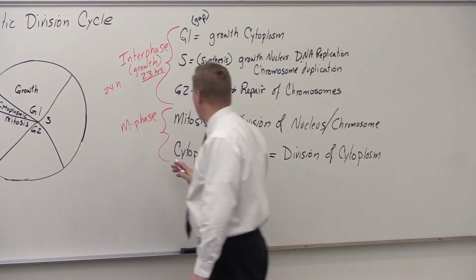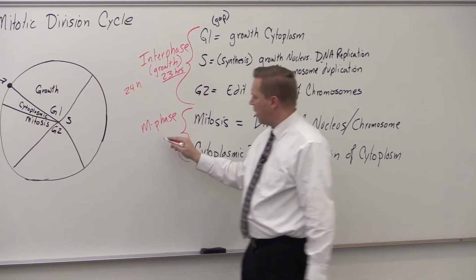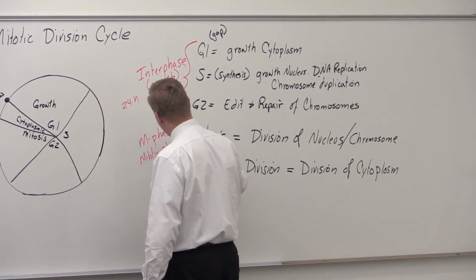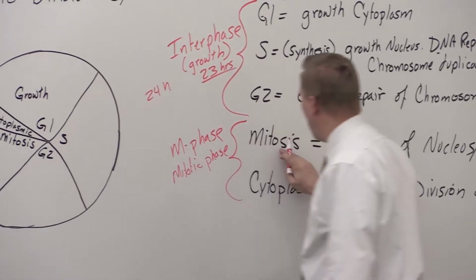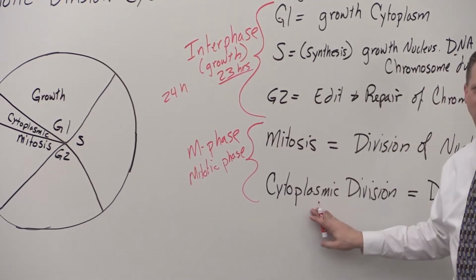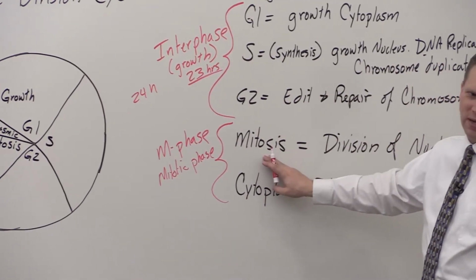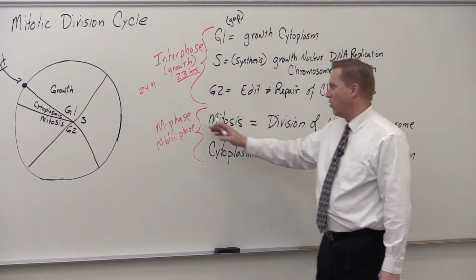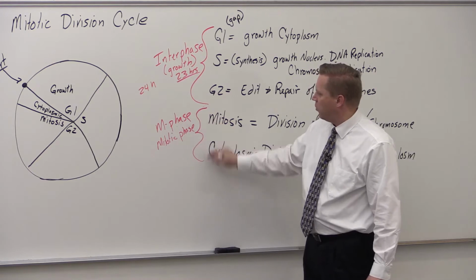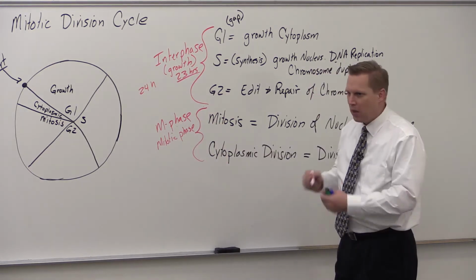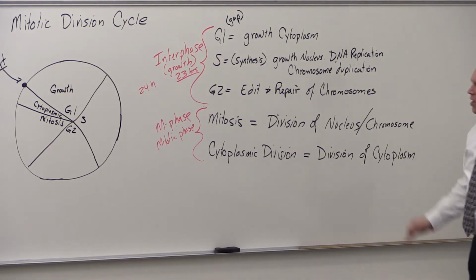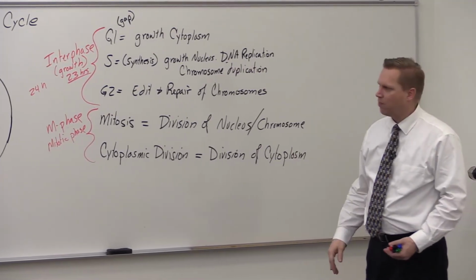So M phase, or the mitotic phase, combines both mitosis and cytoplasmic division. You might have been wondering why we didn't call this one the M phase. It's called mitosis because the M phase actually includes both of these put together. Okay? So that's how we divide it up and some of the vocabulary associated with the different phases.